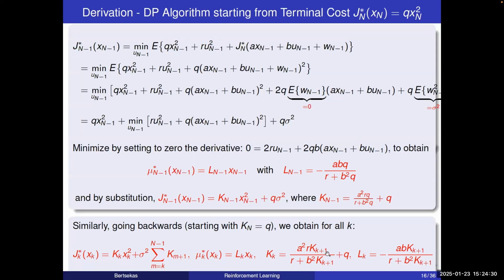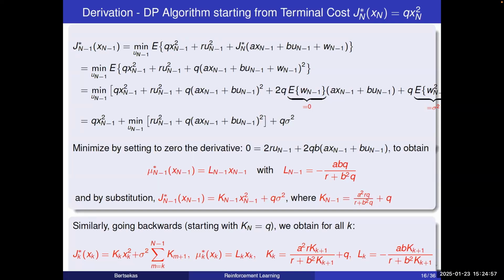The Ks propagate backwards according to this. The linear control coefficients depend on the k plus 1 variables according to this formula. So all of this is a simple computation going backwards, but it generalizes to the case where you have a multidimensional problem. Are there any questions here?